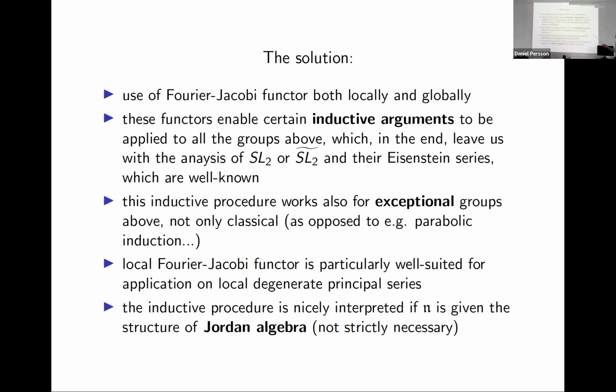And this functor enables certain inductive arguments, even for this E7, which is an exceptional group. Usually there are no straightforward inductive arguments for such groups. And also this local Fourier-Jacobi functor is particularly well suited for this local degenerate principal series.